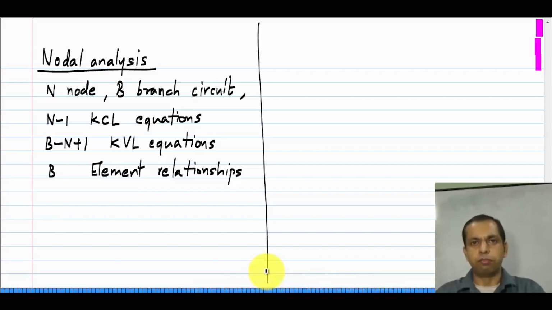If you start off with KCL equations at n minus 1 nodes of the circuit, it is known as nodal analysis, and if you start with KVL equations around B minus n plus 1 loops of the circuit, it is known as loop analysis, and a variant of it is called mesh analysis. We will see those things later. We will first consider nodal analysis.